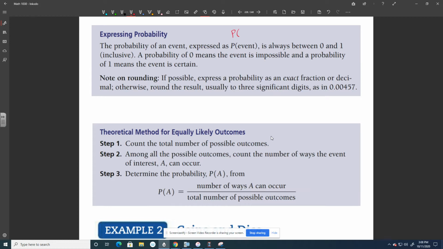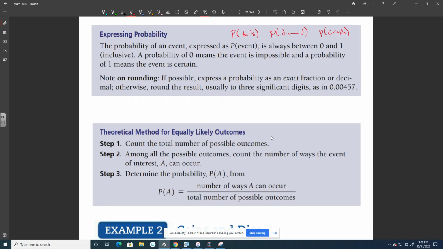So this would be like, what's the probability of getting tails? What's the probability of getting diamond if I'm drawing cards? What's the probability of getting in a crash, right? So the P on the outside stands for probability. The thing on the inside is the event that we're evaluating.